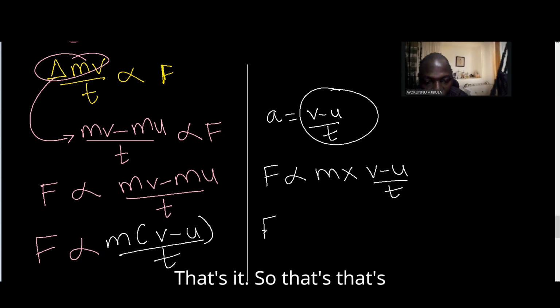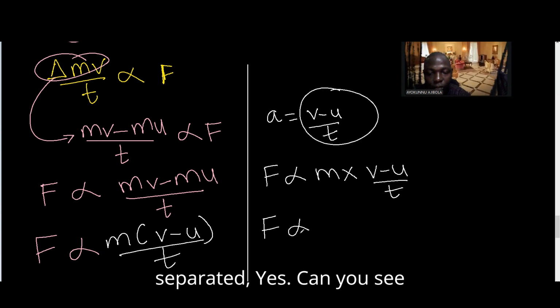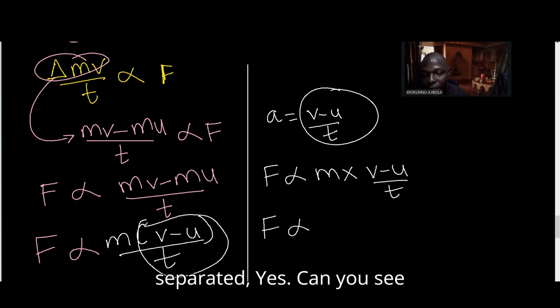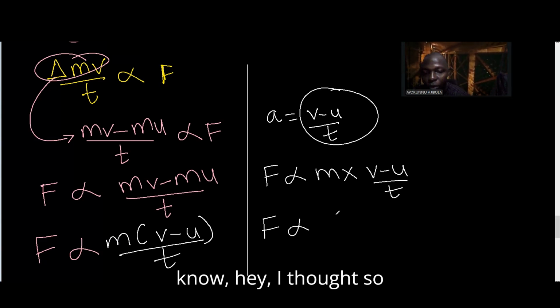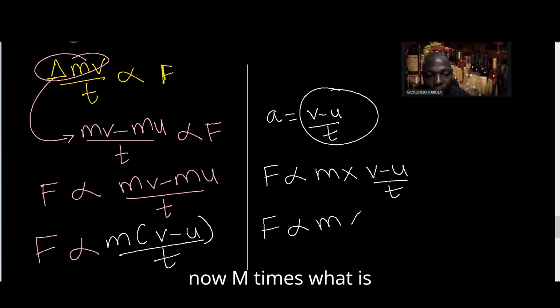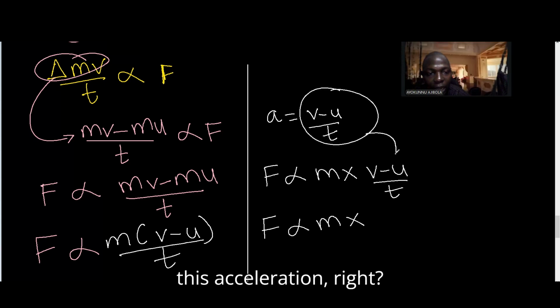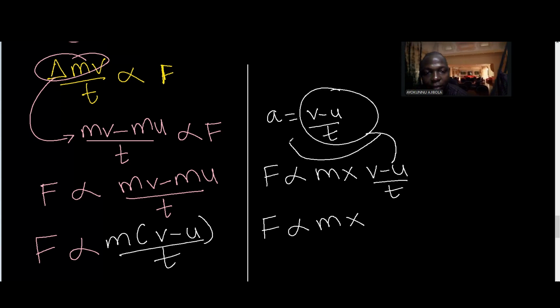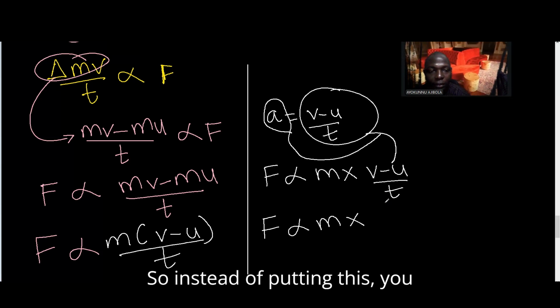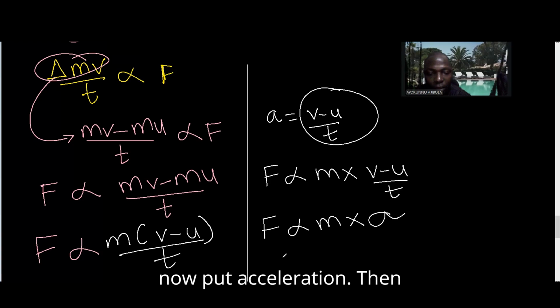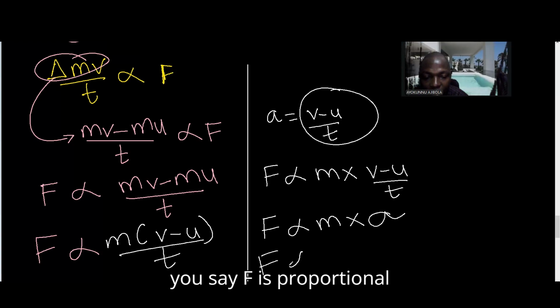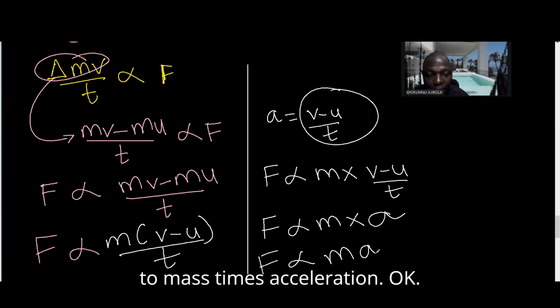Can you see it? So now, M times, what is this? Acceleration, right? So instead of putting this, you now put acceleration. Then you say F is proportional to mass times acceleration.